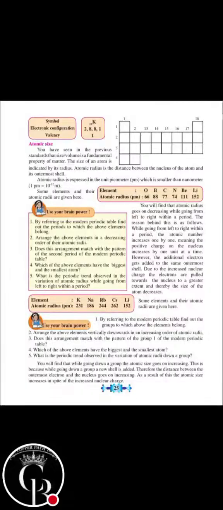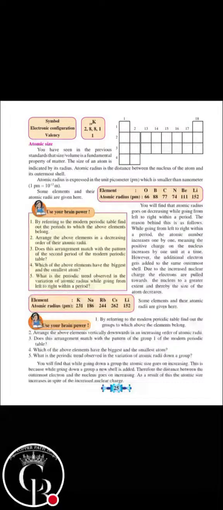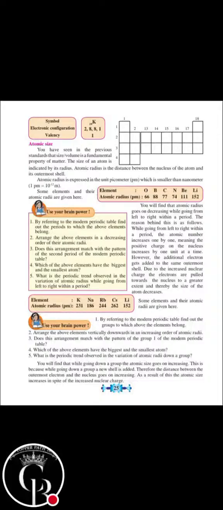So next, what is atomic size? The size of an atom is indicated by its radius. Atomic radius is the distance between the nucleus of the atom and its outermost shell.